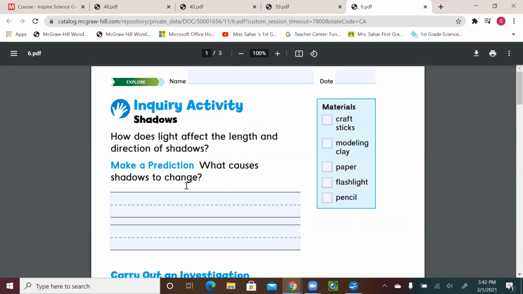Could be the direction of the light, for example. If the direction of the light changes, the shadow will change. This could be. So we can say something. Shadows change as the direction of the light.